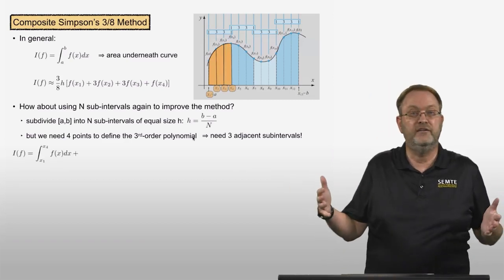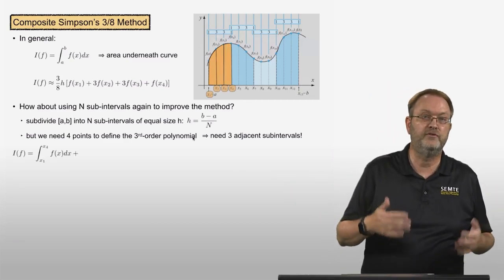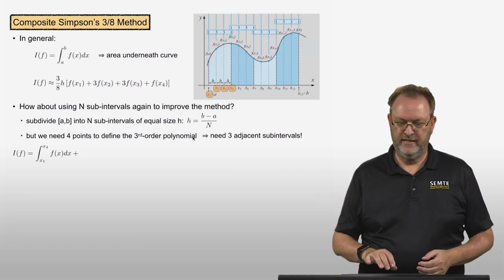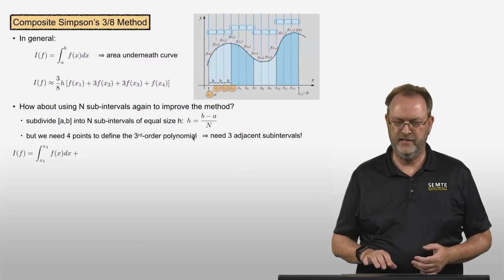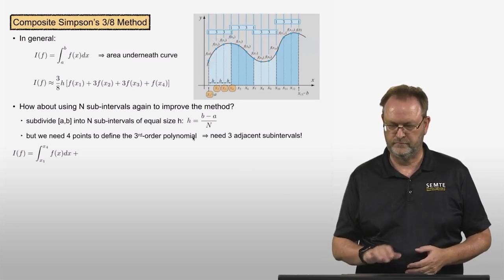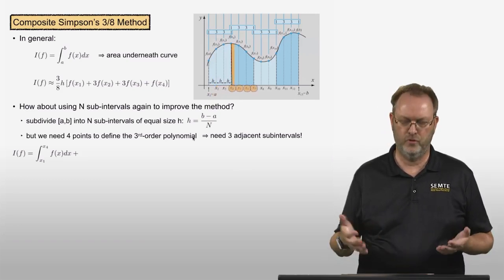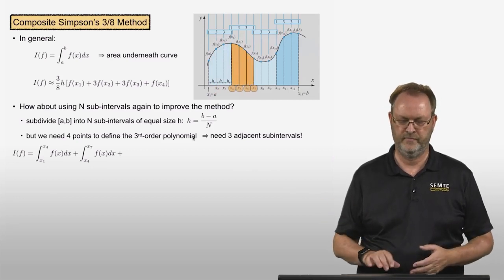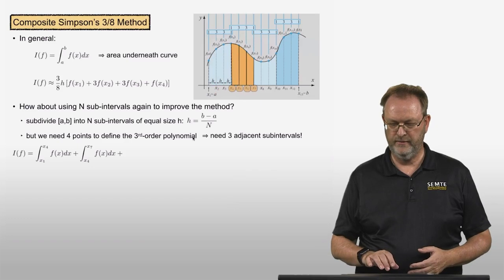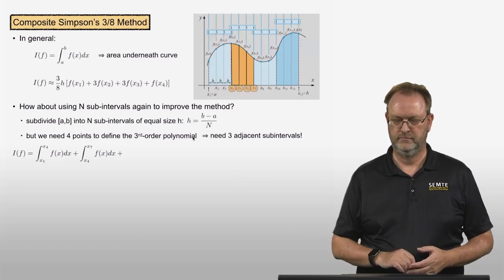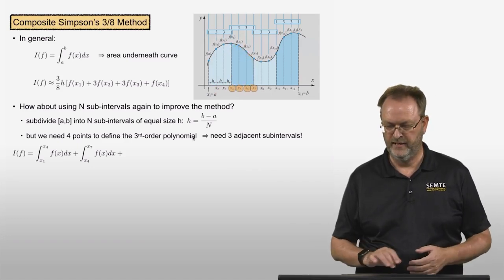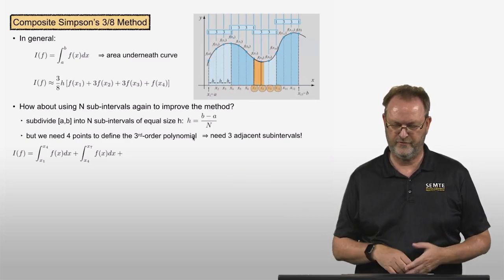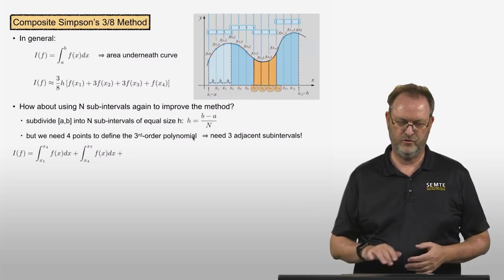So the overall integral would now be the integral from x1 to x4 of f of x dx. And then the next part would be the integral from x4 through x7 of f of x dx. And we would keep on going. Okay, so next up, we'll look first at the next group of integrals.